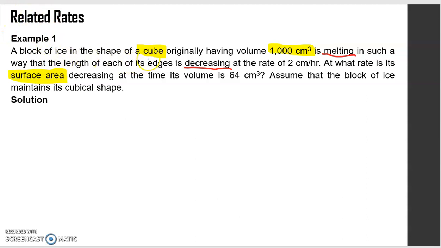First, remember that the block of ice is in the shape of a cube. Here is the cube, and I assume the edge is x.